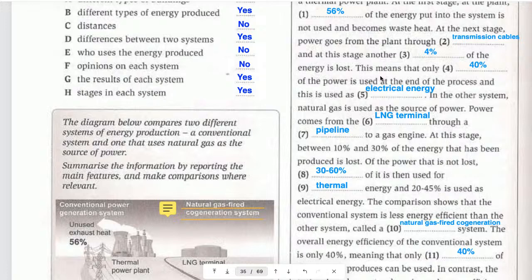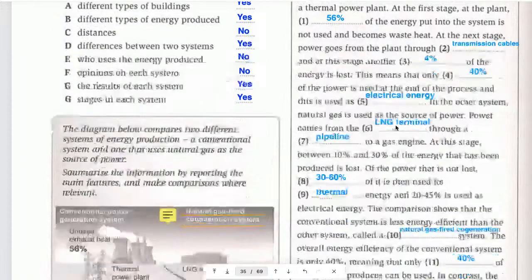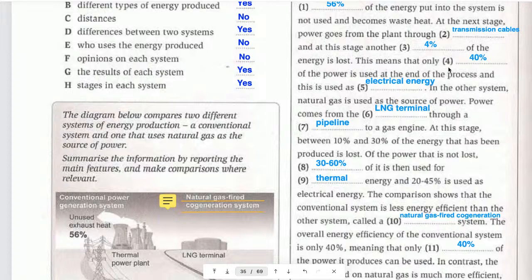You can see from the first stage and the second stage, this system loses 60% of the energy. So only 40% left. So that's why they mention here, this means that only 40% of the power is used at the end of the process, and this is used as electrical energy.